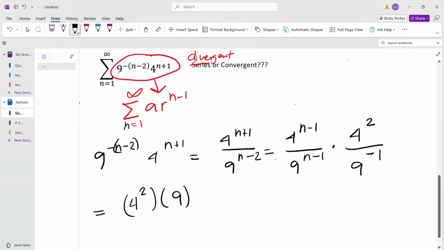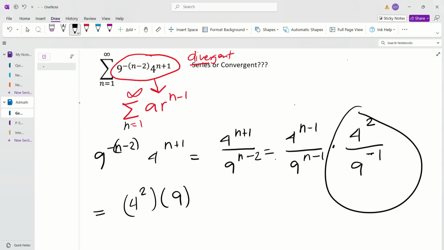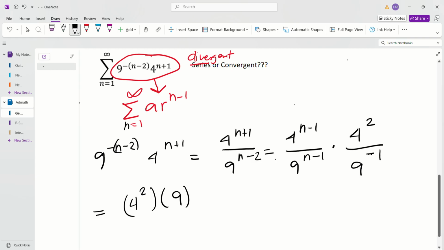So basically we're simplifying this one. We have 4 squared times 9 times the quantity 4 over 9 raised to n minus 1.